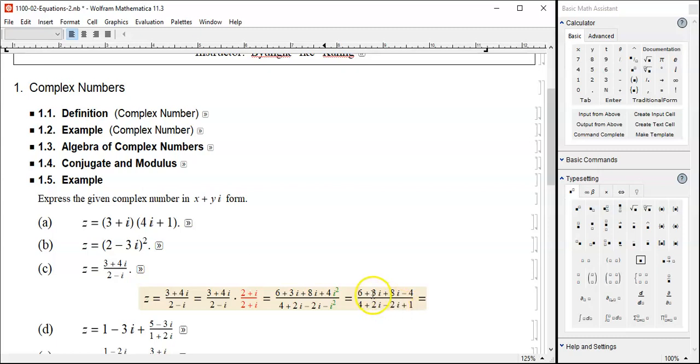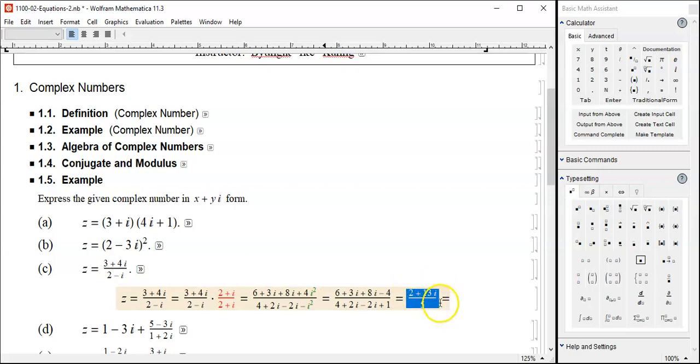And then let's see, 3i plus 18i, what is this? That's 13i, isn't it? So 6 minus 4, 2 plus 13i. That's the numerator. Denominator, what do we get? 2i cancel out. 4 plus 1 is 5. And, well, that's okay for me.